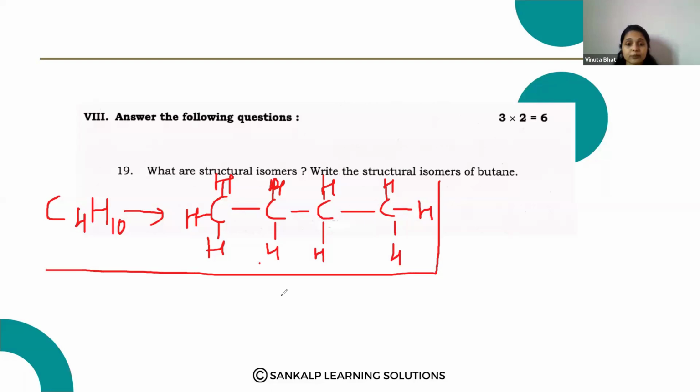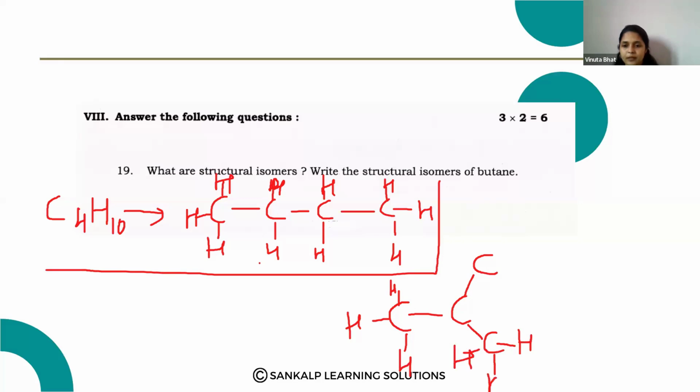One more type of structure. 1, 2, 3, 4 carbons. Then I will start to add the hydrogen. If you add 3 hydrogen here, it will get balanced. Here also 3 hydrogen. So total 4.